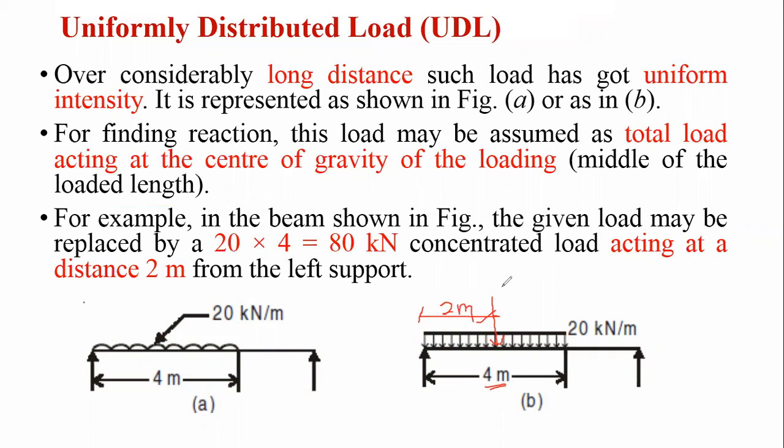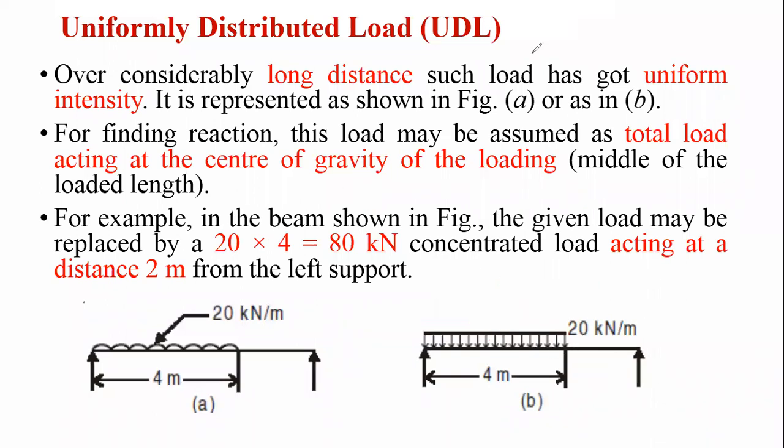The concentrated load you will get from the UDL intensity, that is 20, multiplied with the span of 4, giving an intensity of 80 Newton. What we have done is simplify for our calculation: UDL is converted into a point load.